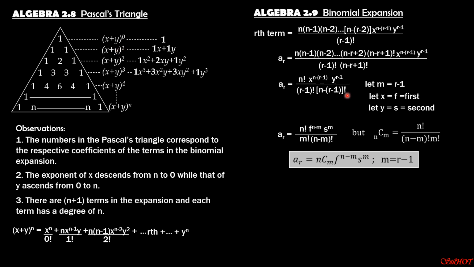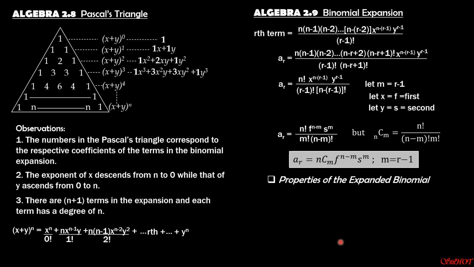But for this case, I change it so that the first term is now f and the second term is s. This is applicable to any terms of the binomial, even if the exponent is no longer 1. So any term, even if the other term is constant also, and vice versa.